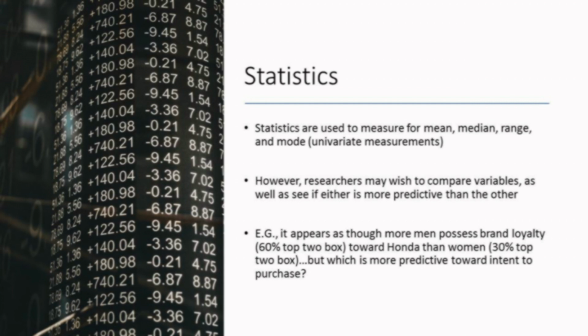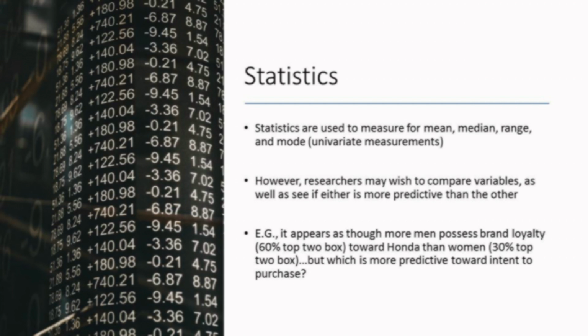Top 2 box is a phrase you will hear in industry. If you are programming surveys, if you're doing any kind of market research work, you will hear this phrase. This phrase means people who tick off 4 and 5 on a scale of 1 to 5, right? People who select 4 or 5, those top 2 in a box, are what a lot of advertisers and public relations specialists are interested in.